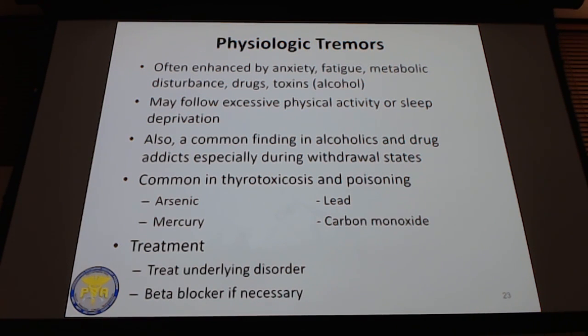So consider any type of new onset tremor: what did the patient just do? What did they come from? Were they in a military vehicle where the halon system didn't work and they were exposed to carbon monoxide? You guys just have to be able to put that together. Things to consider: arsenic, mercury, lead, carbon monoxide, which is probably more frequent than the other ones. I don't know many people getting mercury or arsenic poisoning, but lead maybe.